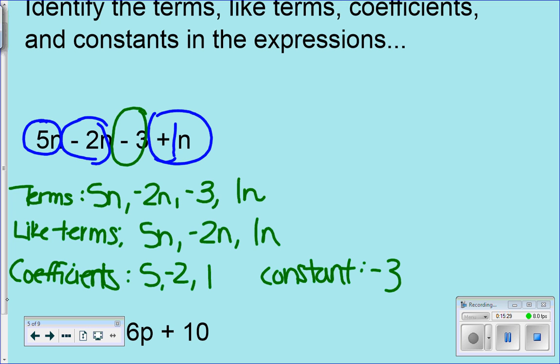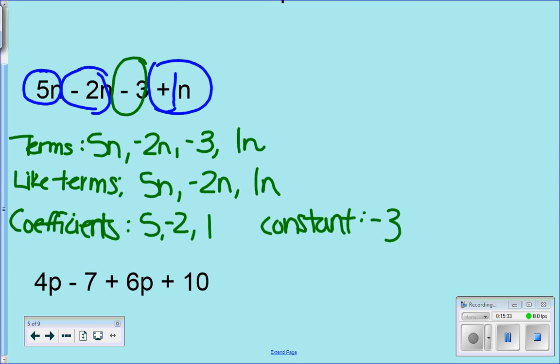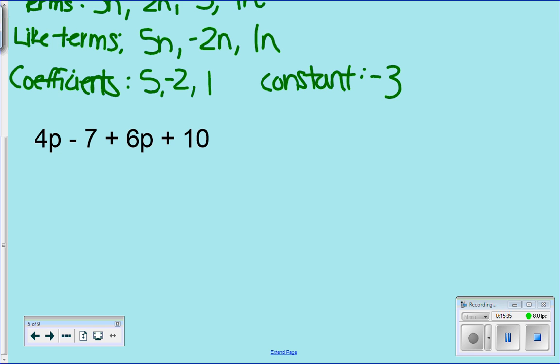Okay, so let's go down to this next one. I'm going to take 2 different colors again, and I'm going to circle my like terms. So I have 4p minus 7 plus 6p plus 10. So I know 4p and 6p are like terms. I always take the sign with it in front.